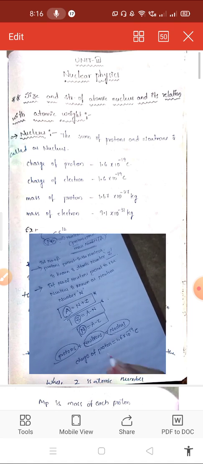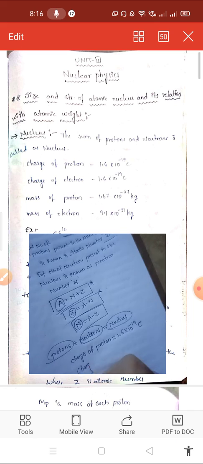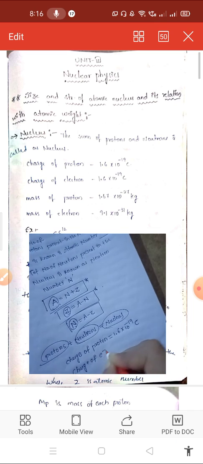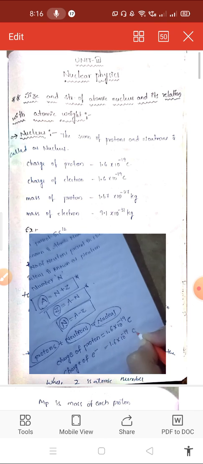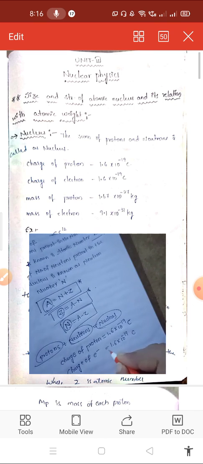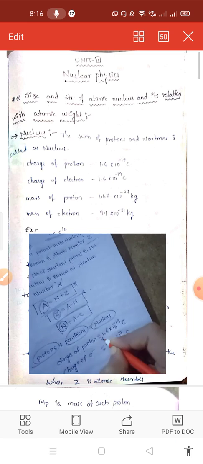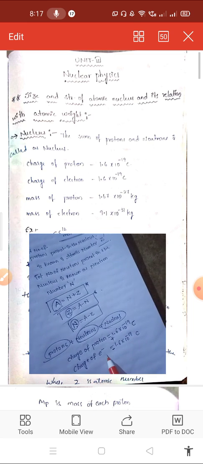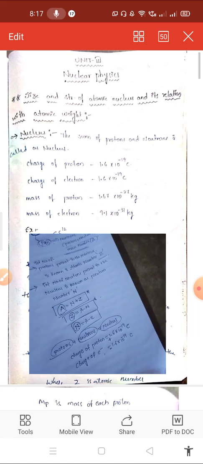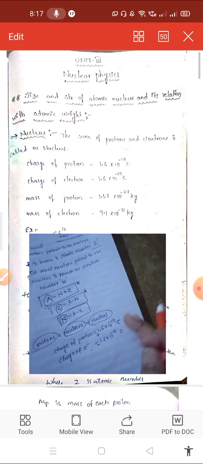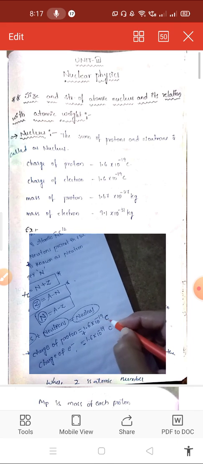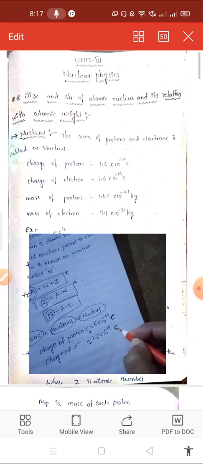Electron and proton both have the same charge magnitude. The charge of the electron is also 1.6 into 10 to the power of minus 19 coulombs, but the electron charge is negative and the proton charge is positive. The sign convention is different, but the values are the same. What are the units for charge? Charge units are coulombs, that is why I am writing C here.